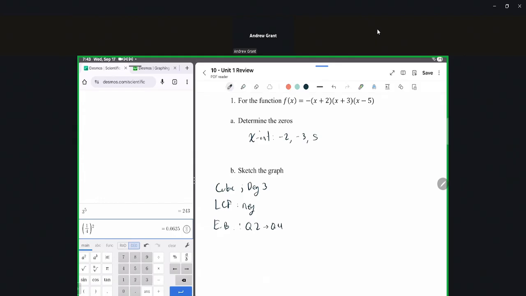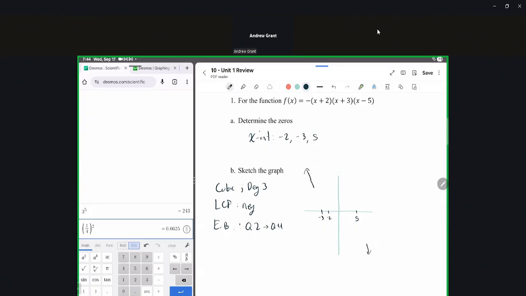There's a chart that'll help tell you the shape of what these things look like. And so when we go ahead and sketch this thing, okay, we sketch the x-intercepts as best we can. So there's -3, there's -2. We'll put 5 over here. And we start in quadrant 2, and we're going to end in quadrant 4.